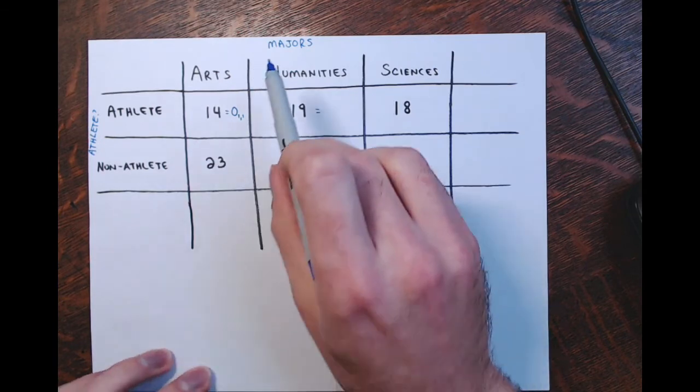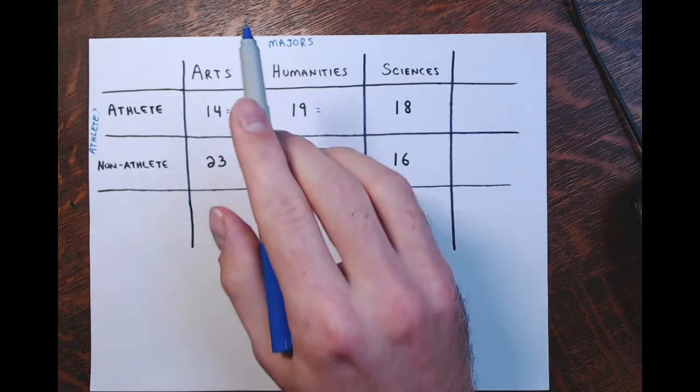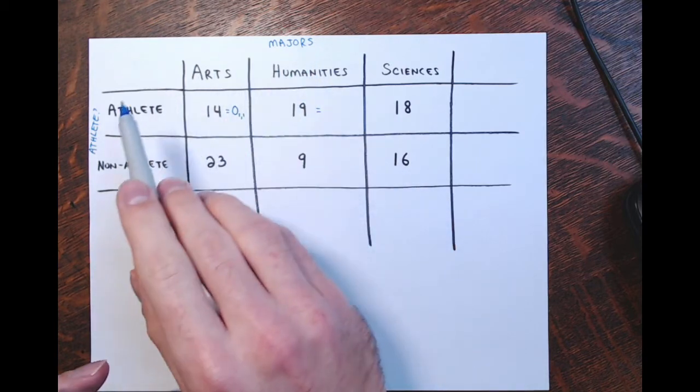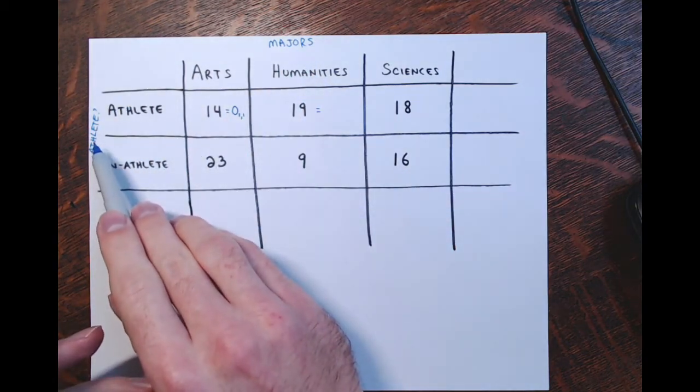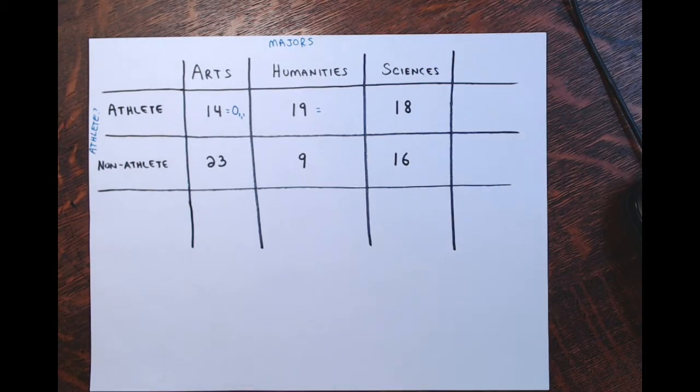So we're going to ask the big question: if we were running the full test, we would say, does a student's major and whether or not that student is an athlete, are those factors independent of one another, or are they related in some way?